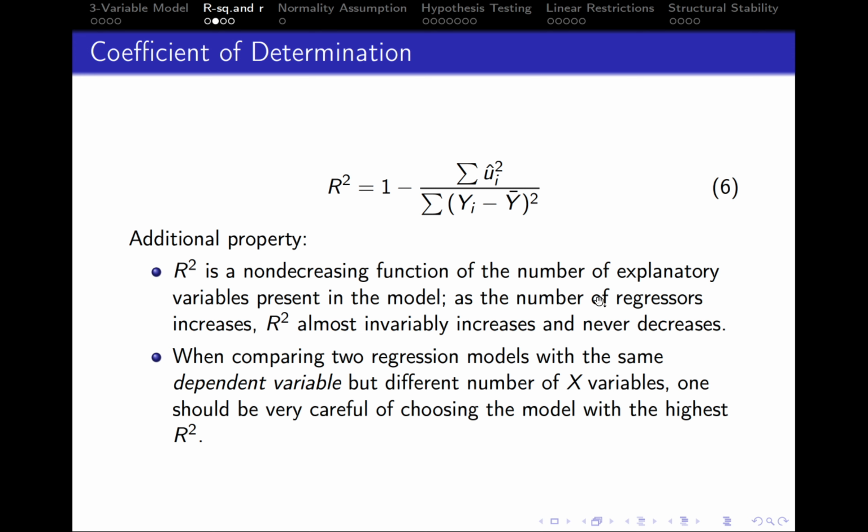If you hadn't known about this, you would have concluded that the second model is better because R squared is higher. Therefore, make sure not to make the mistake of comparing R squared when you keep on adding variables, because R squared will always be higher in the model with more variables. So you should be very careful when you choose a model based on the value of R squared.